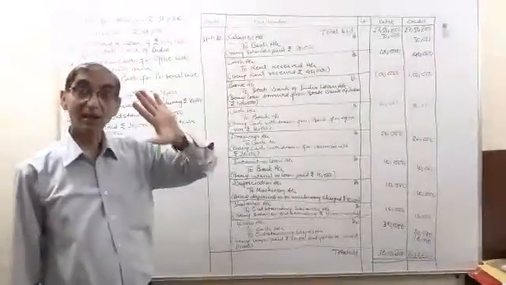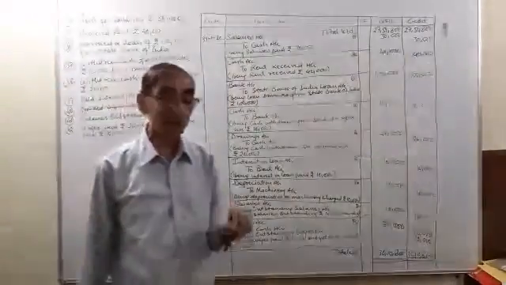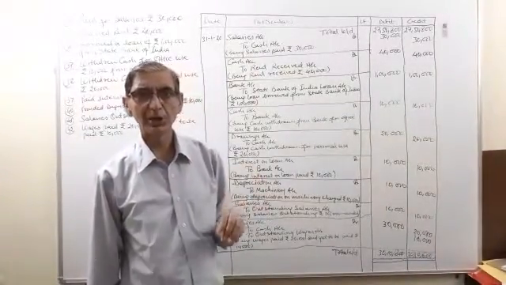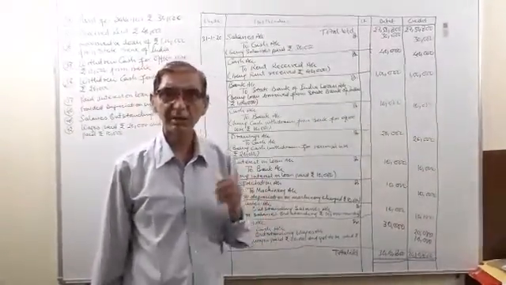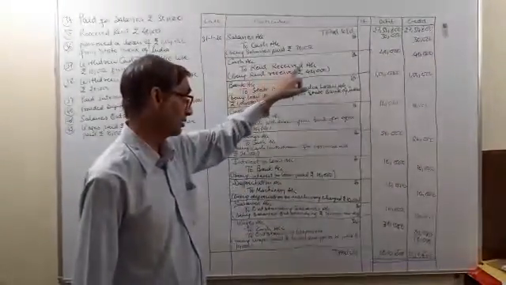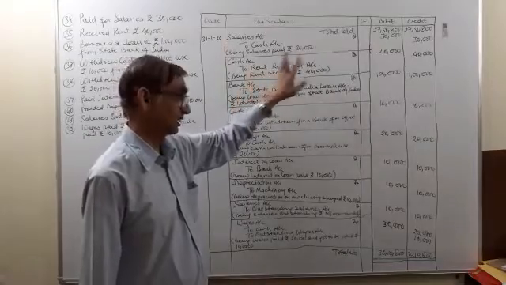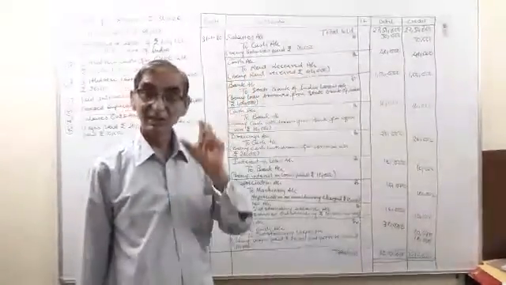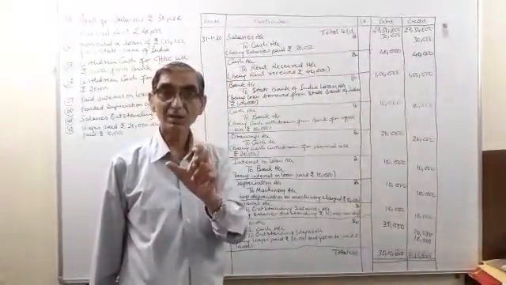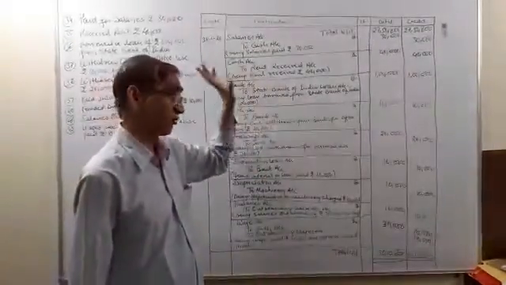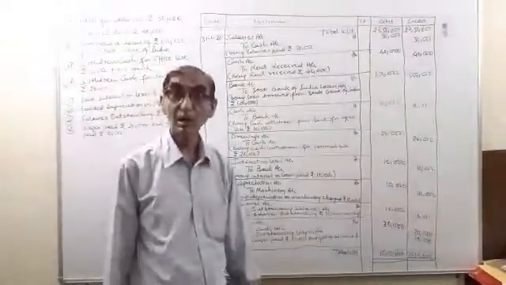So see, whenever an income is received, may it be rent, may it be commission, may it be interest, may it be dividend, you have to mention while passing the journal entry, rent received account. Received word is to be suffixed with the head of account of the income.